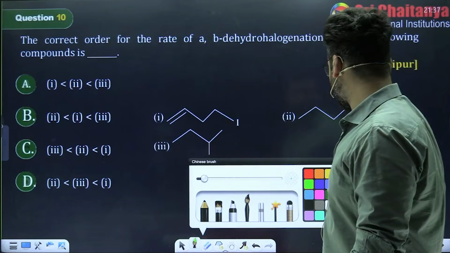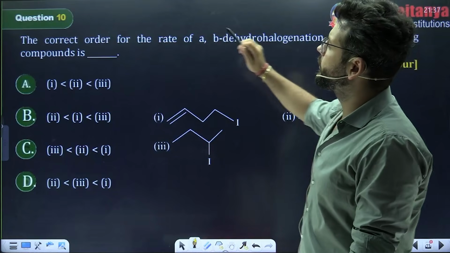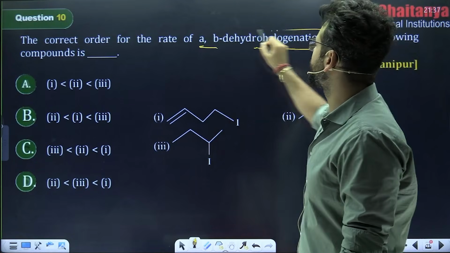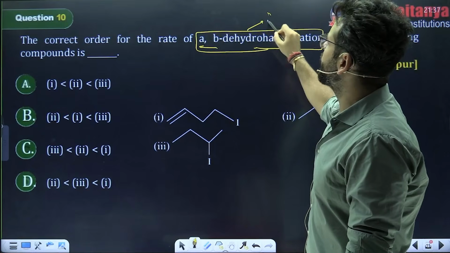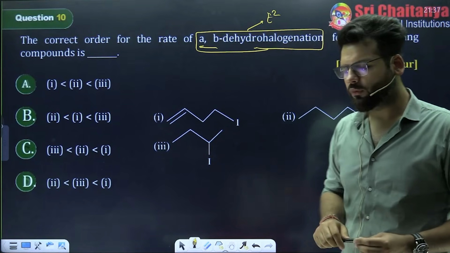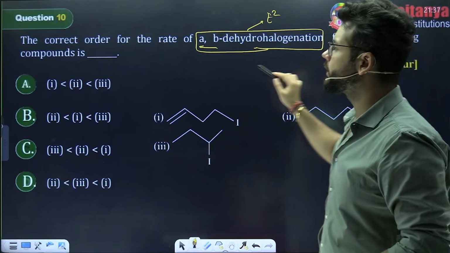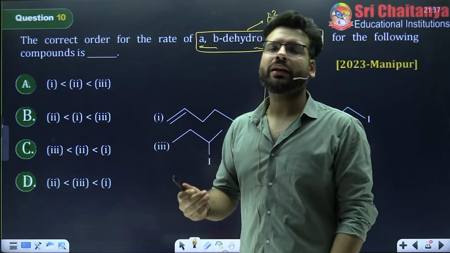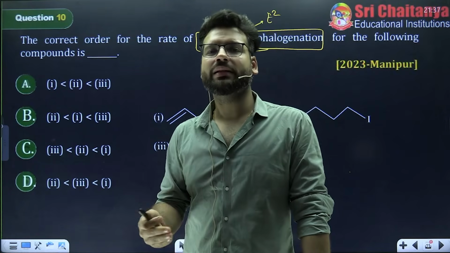Again, a similar question was done before. Now, again, we are doing the correct order for the rate of alpha beta dehydrohalogenation, meaning E2 elimination. E2 elimination, when we do it with alcoholic KOH, how do you decide the reactivity? Just make the final alkene and see the stability.